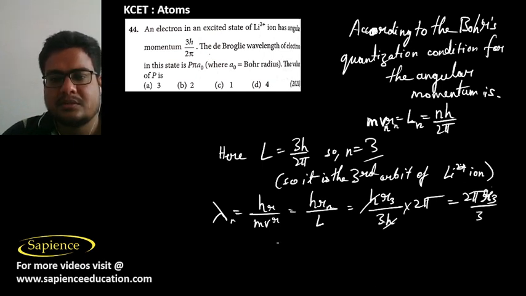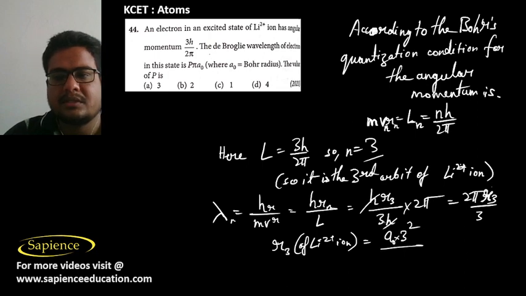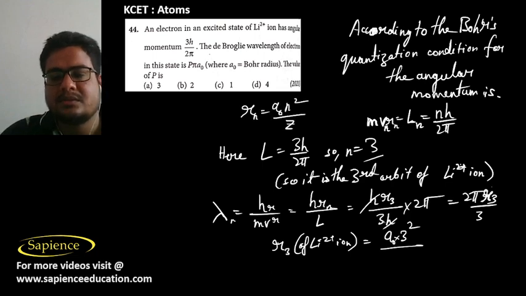So r3, the radius of the third orbit of Li2+ ion, is given as a naught n square by z, where z is the atomic number of that hydrogen-like species.